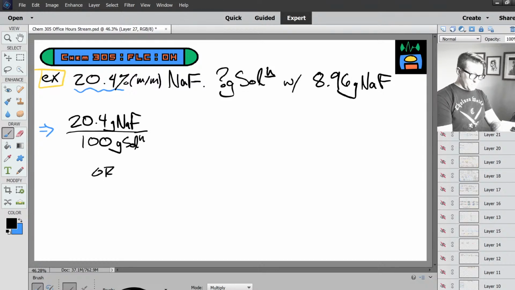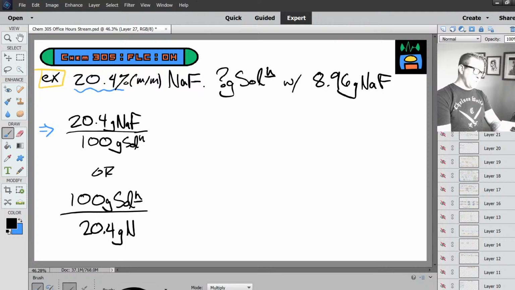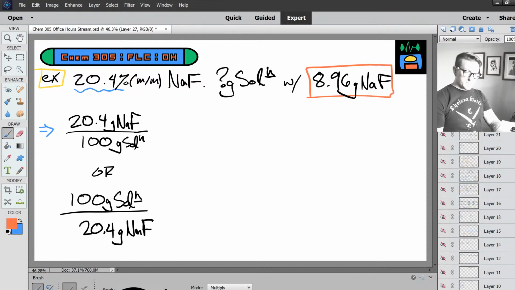Or you could also use 100 grams of solution per 20.4 grams of sodium fluoride. Both are totally valid. Use whichever one's easier, more convenient, and here the second one's going to be more convenient.